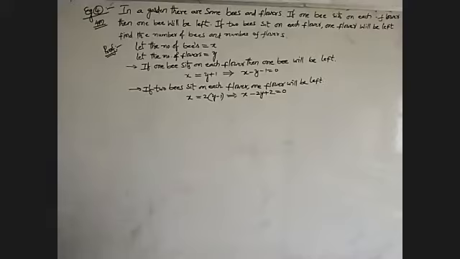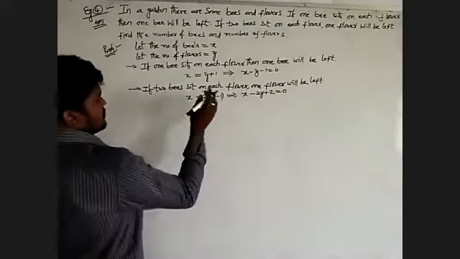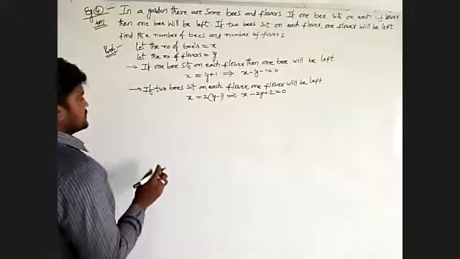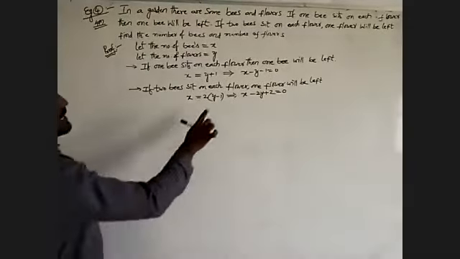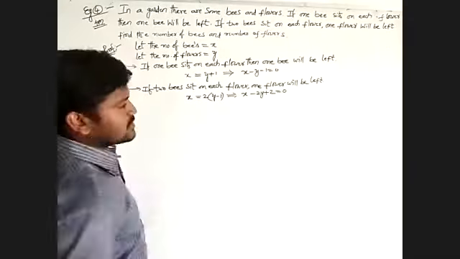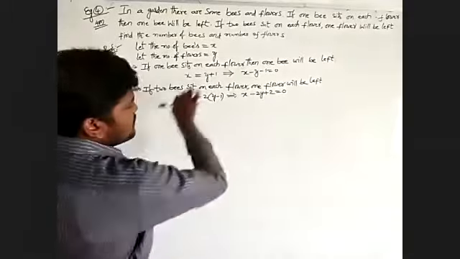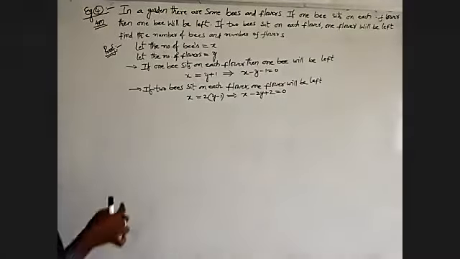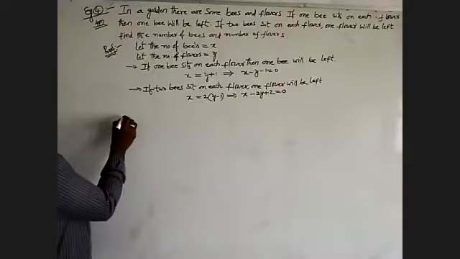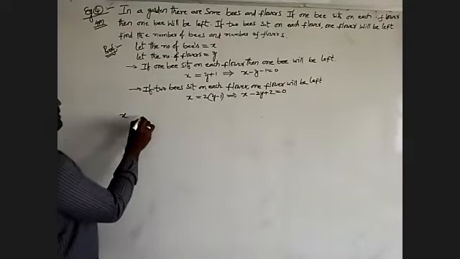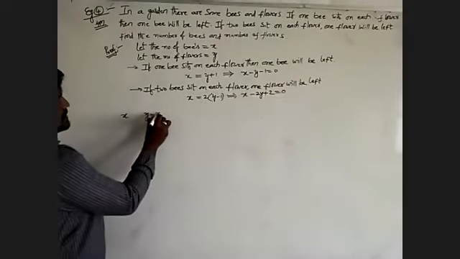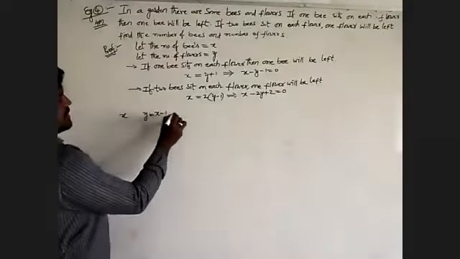First, we write the coefficient of y. The first one is x minus y minus 1 becomes 0. Minus y goes to this side, that means y is equal to x minus 1. We take x and y is equal to x minus 1, and write x comma y.